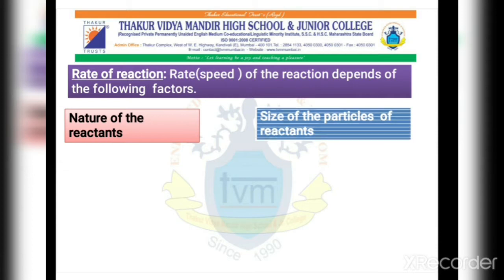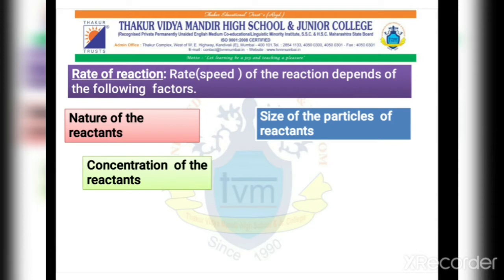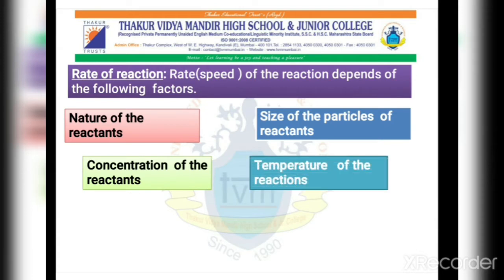Second, size of the particle of the reactant. Third, concentration of the reactants. Fourth, temperature of the reaction. And the last is the catalyst. So these are the five factors which affect the speed of the reaction.